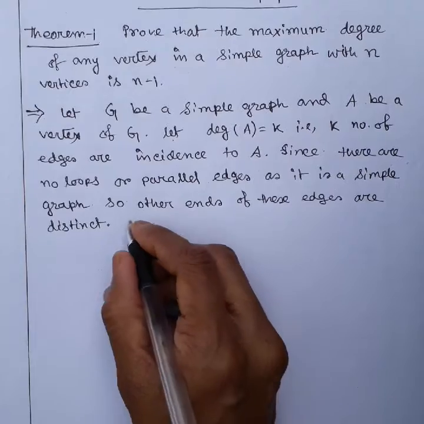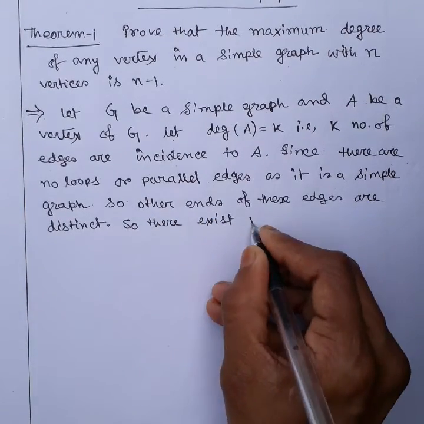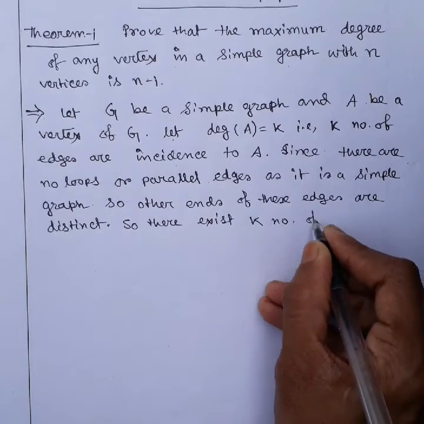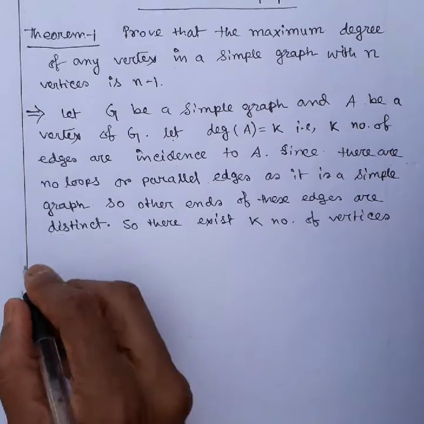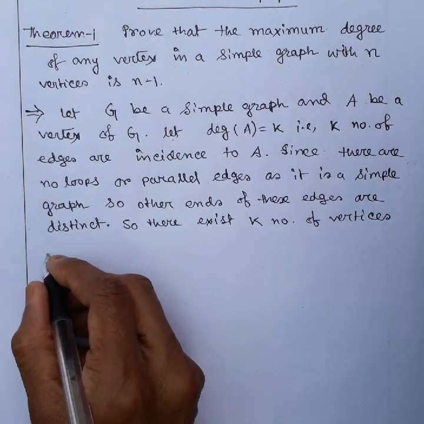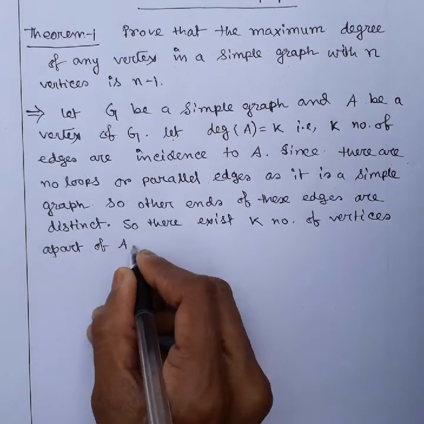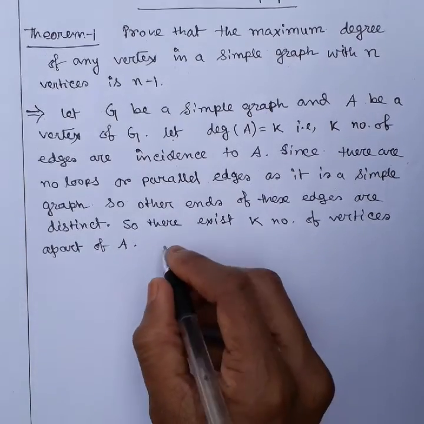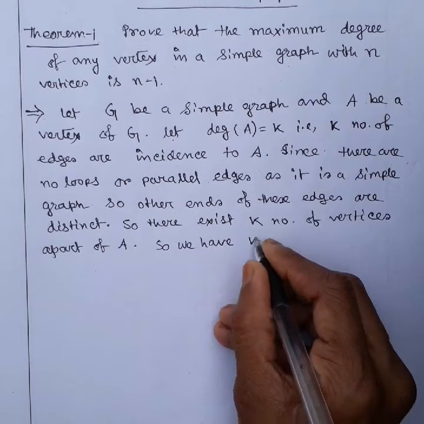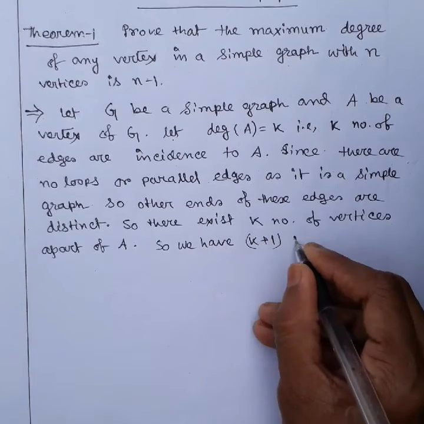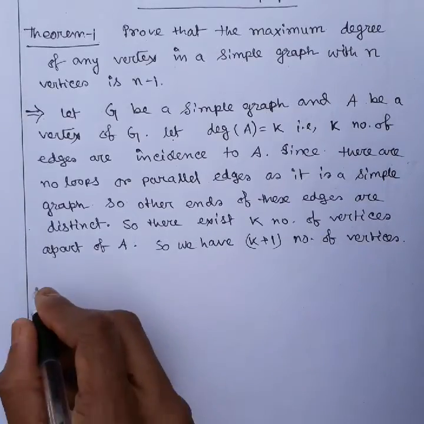So there exist k number of vertices apart from A, and we have k plus 1 vertices in this graph.